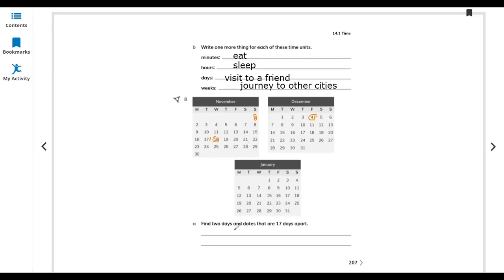So find 2 dates. We will choose November and dates that are 17 days apart.